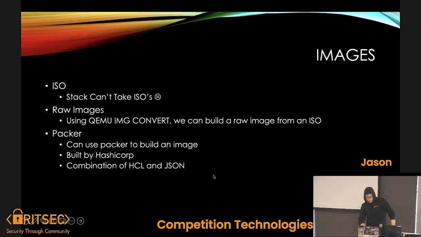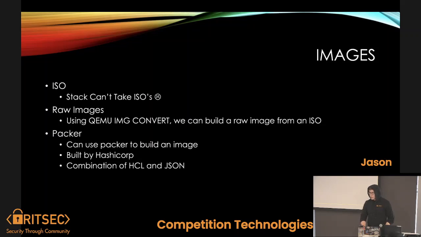So Packer's not something that we've used recently, but it's something that you can use if you need to build a custom image. It's built by HashiCorp, which is the same company that builds what other tool? Vagrant and Terraform and a bunch of other stuff. Pretty cool company. They use a combination of HCL and JSON to build these images, and it's interesting stuff over at Packer.